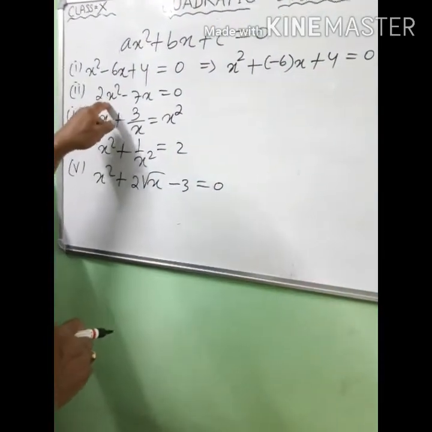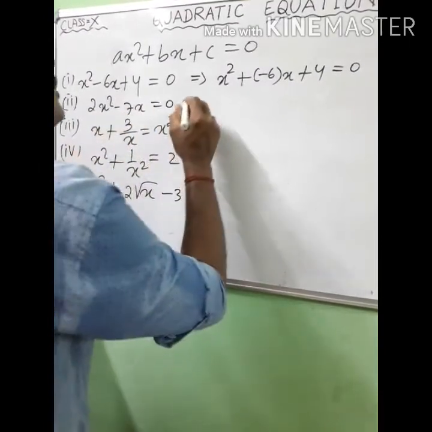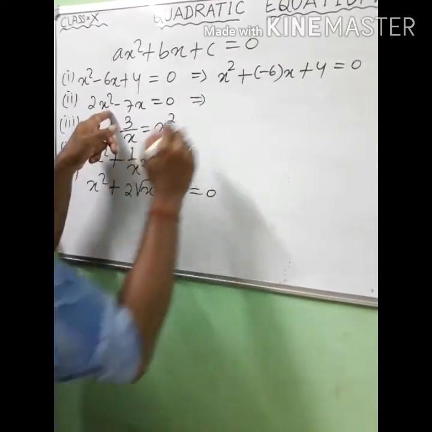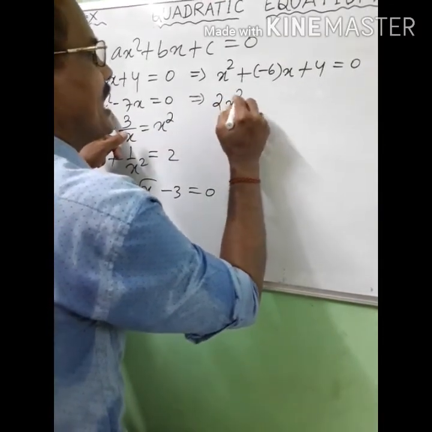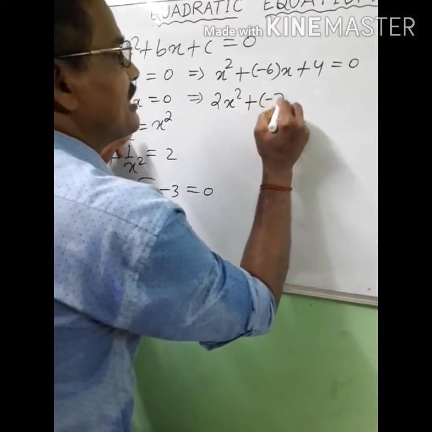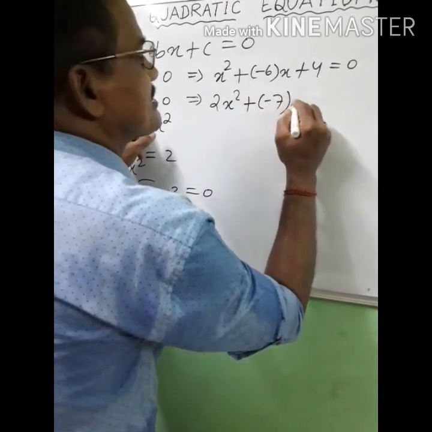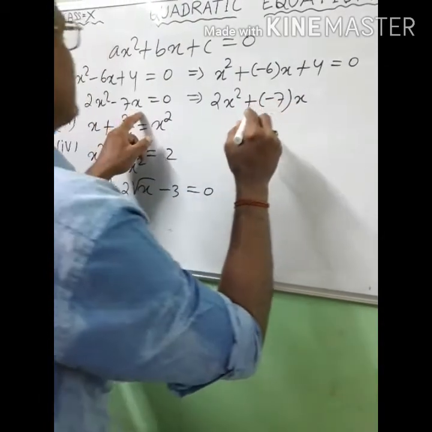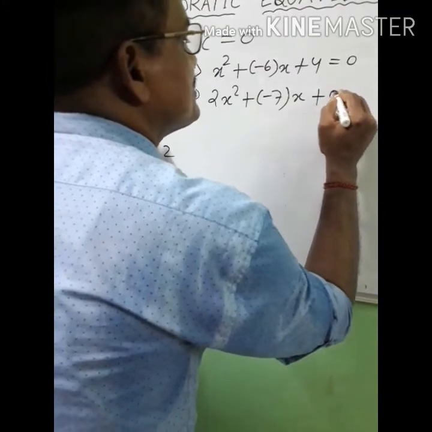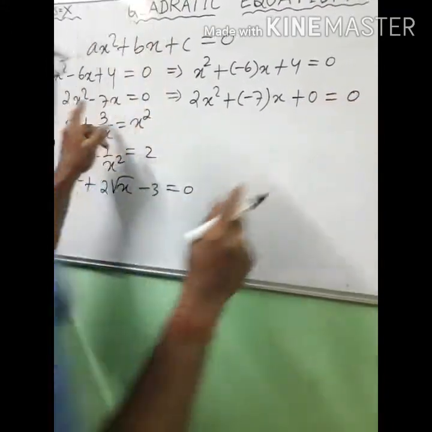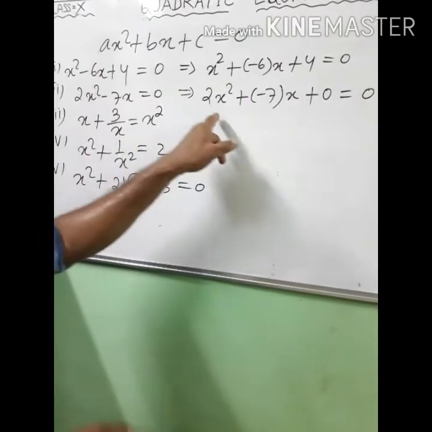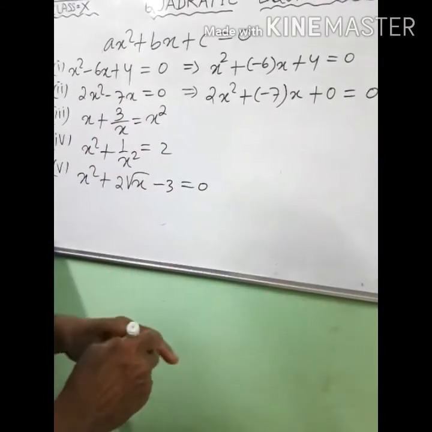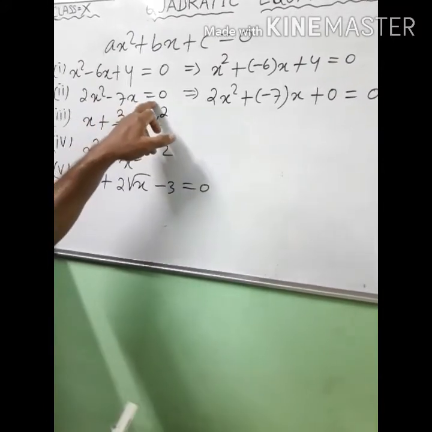Second one, 2x square minus 7x is equal to 0. So it is also a quadratic polynomial. Here 2x square plus minus 7x, plus 0, is equal to 0.